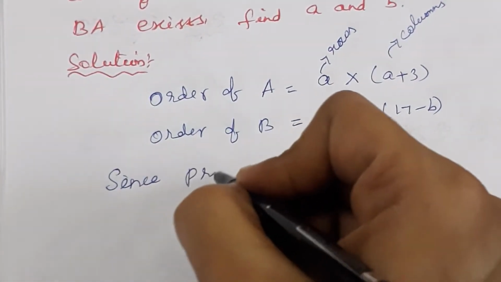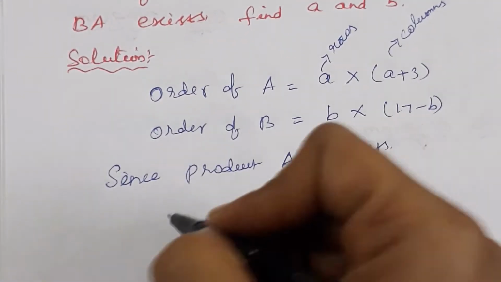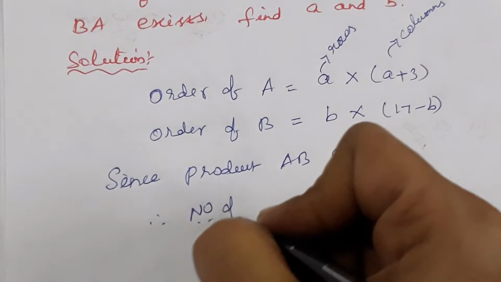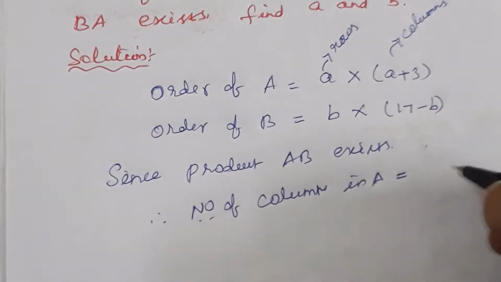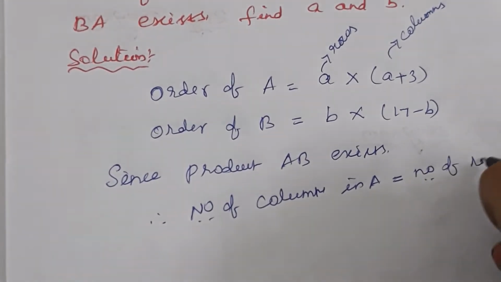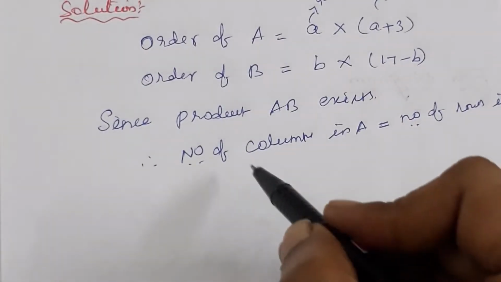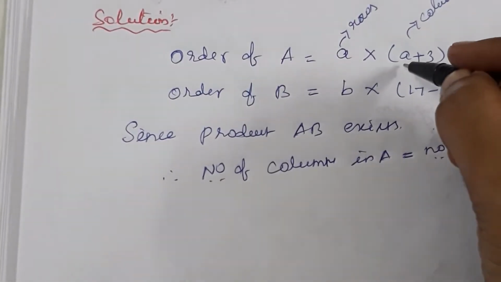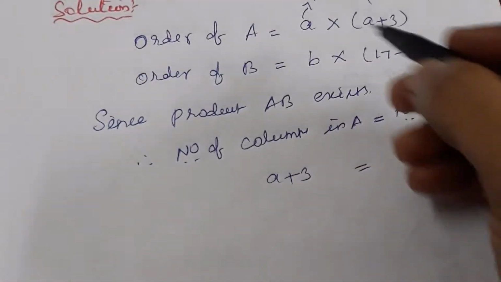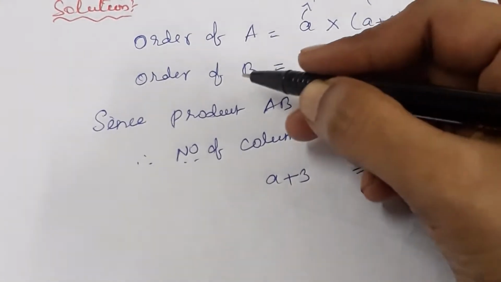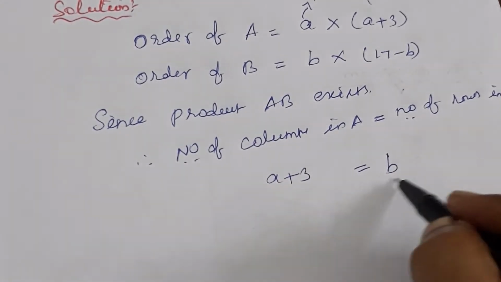Since product AB exists, therefore number of columns in A equals number of rows in B. How many columns in A? We have a plus 3 columns. So write a plus 3 here. How many rows in B? We have b rows in matrix B. So write b here. We have one equation, no?